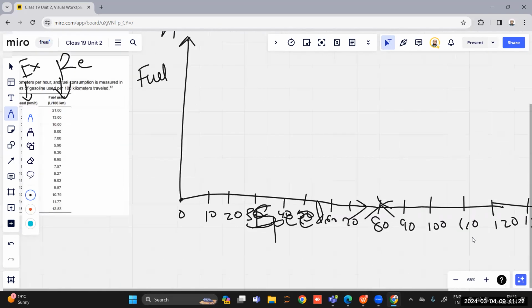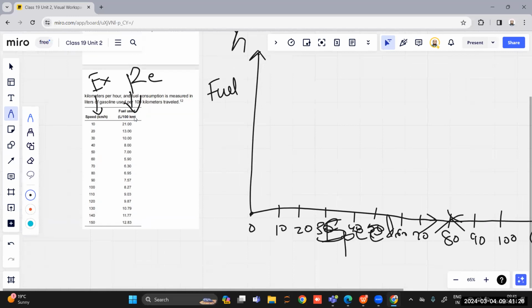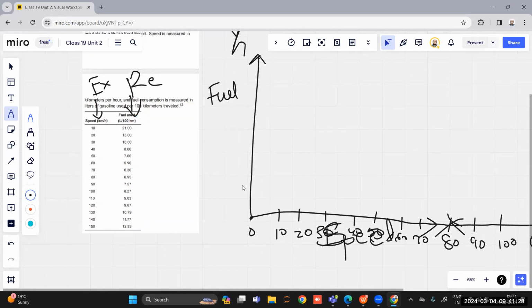So for 10, the fuel used per 100 kilometers was 21. So on the y-axis it will start, for example, 0, 5, 10, 15, 20, 25, 30. For the speed of 10, it was giving an average of 21 here.